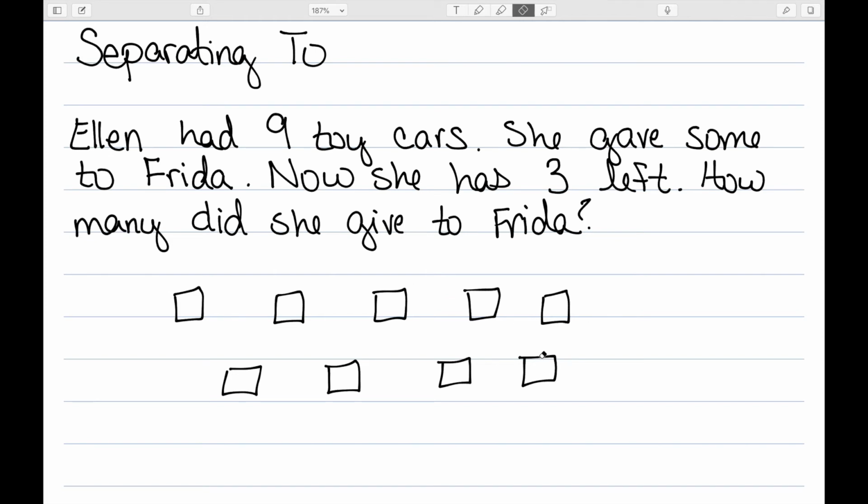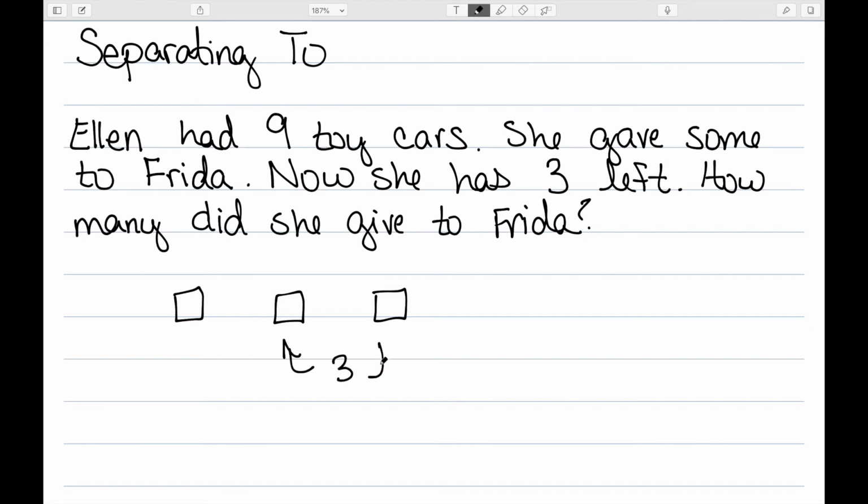And then we're going to remove until there's only 3 left. And we count how many we remove. So we removed 1, 2, 3, 4, 5, 6. And now there are 3 left that we can see. Since we removed 6, the answer was 6.